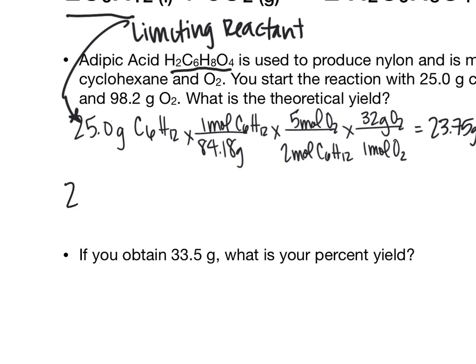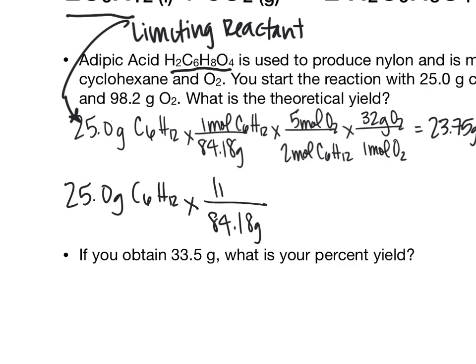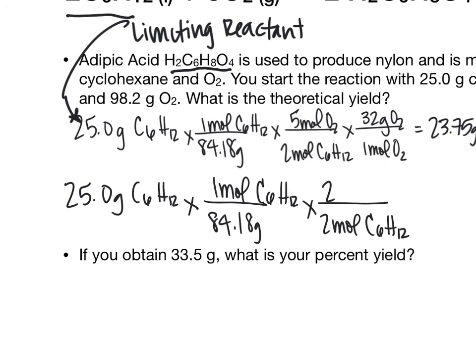So we're going to take our 25.0 grams of C6H12. We're going to convert that to adipic acid. So there are 84.18 grams in 1 mole of C6H12. There are 2 moles of C6H12, and that creates 2 moles of H2C6H8O4.